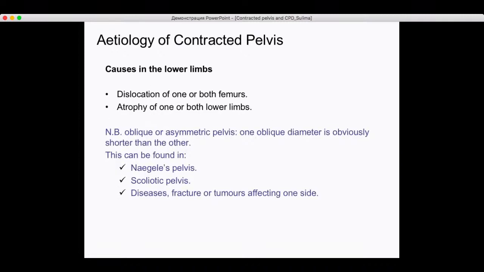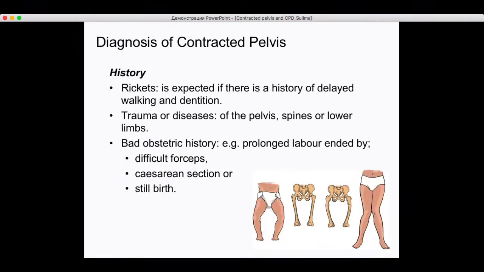Changes in the lower limbs also have an influence on contracted pelvis, maybe dislocation of one or both femurs, atrophy of one or both lower limbs, oblique and asymmetric pelvis when one oblique diameter is obviously shorter than another. This can be found in neglected pelvis, scoliotic pelvis, and diseases, fractures, or tumors affecting one side.